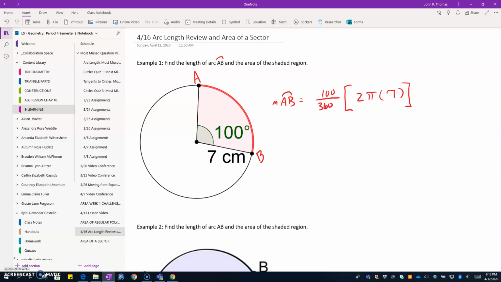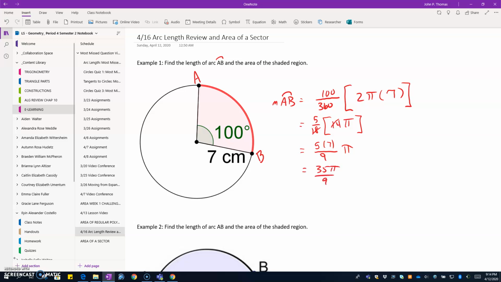So I've got 100 over 360, which I can take down to 10 over 36, which reduces to 5 over 18. 2 times 7 is 14, so I have 14 pi. 14 and 18 I can reduce, so I've got 5 times 7 over 9, times pi. 5 times 7 is 35, so I have 35 pi over 9.